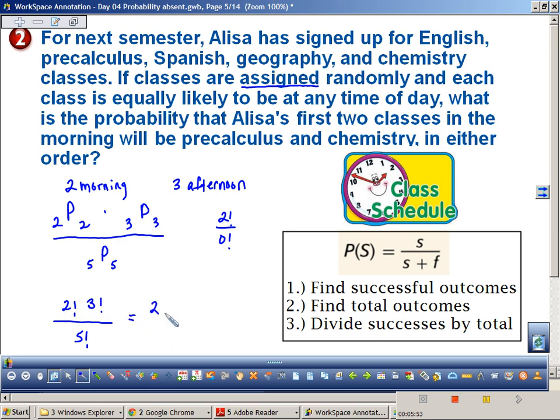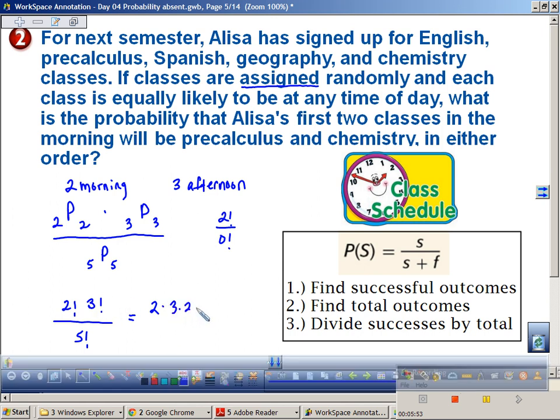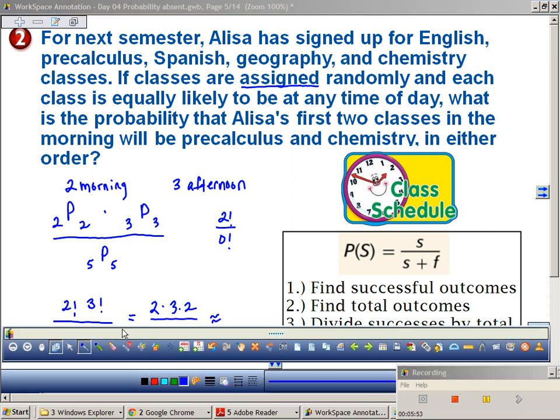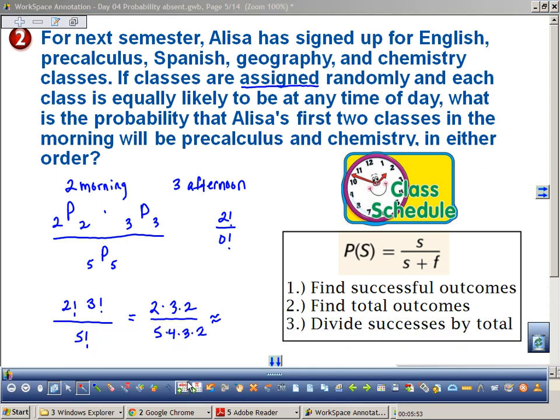That one I didn't even need a calculator for. So 2 factorial would just be 2 times 1, or just 2. And 3 factorial would be 3 times 2 times 1. We don't need the 1. And 5 factorial is 5 times 4 times 3 times 2 times 1. Might as well put an approximation sign there. Cancel some of these.